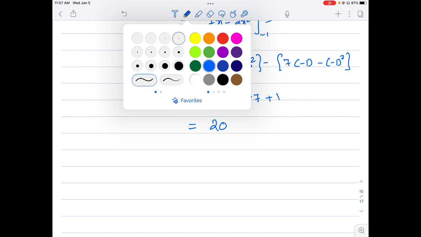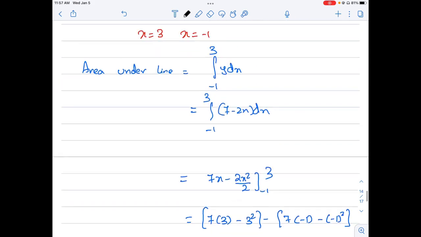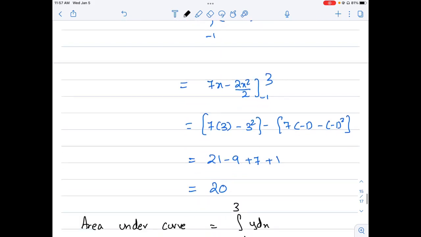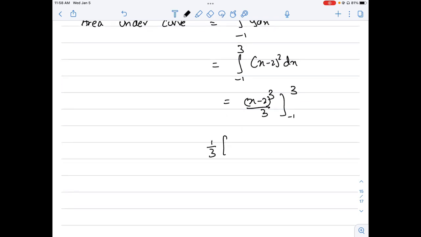Now the area under the curve. I am going to find the area under the curve. So it will be integral y dx for the curve from minus 1 to 3. Y is nothing but what? X minus 2 whole square. X minus 2 whole square dx. It becomes x minus 2 whole cube upon 3 from minus 1 to 3. So plug in: 1 upon 3, (3 minus 2) whole cube minus (minus 1 minus 2) whole cube.